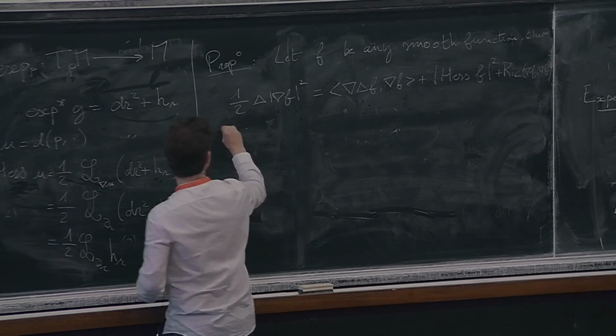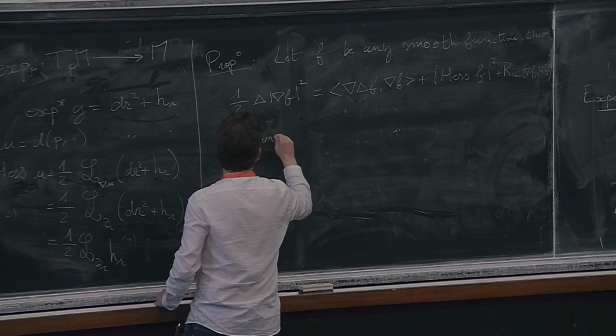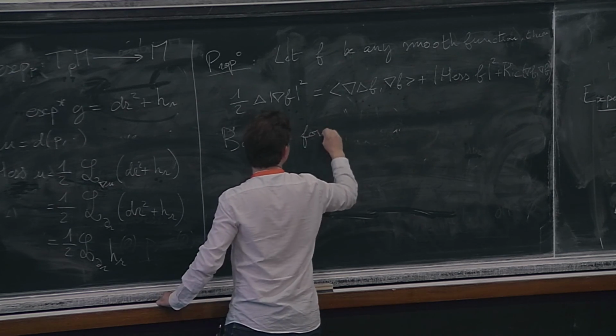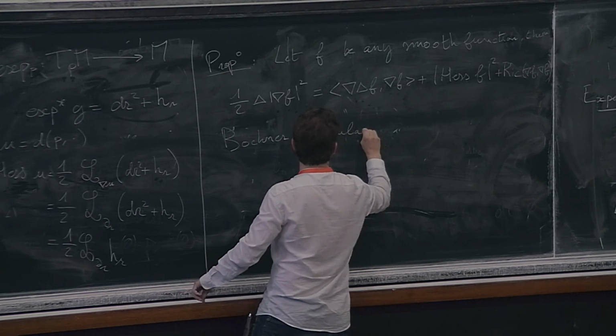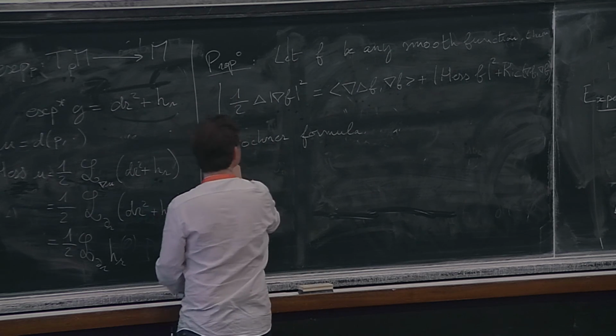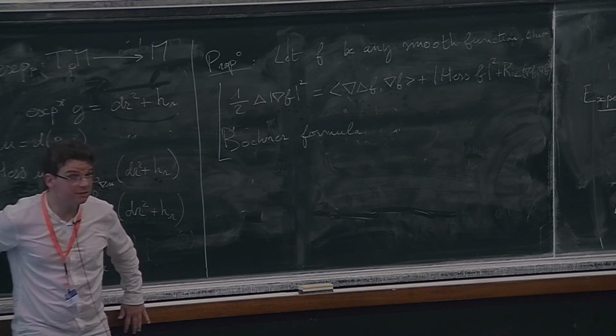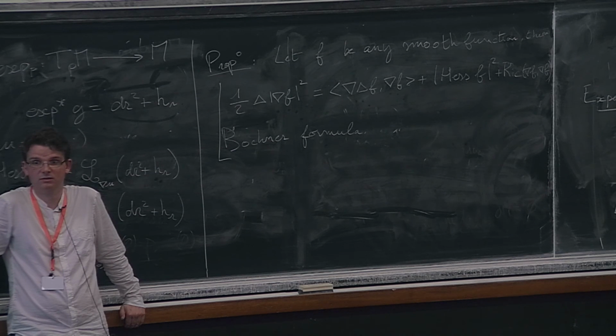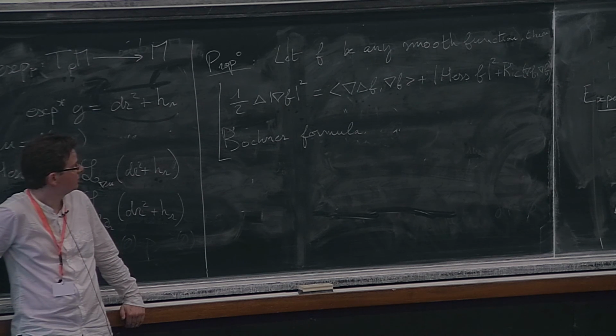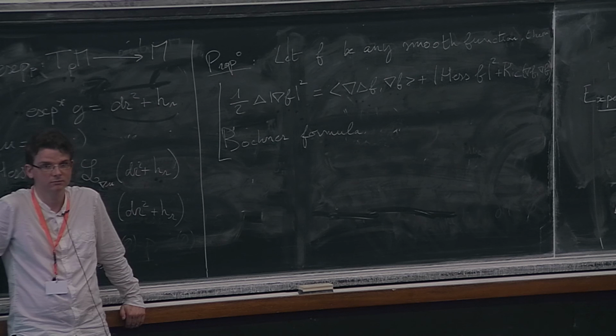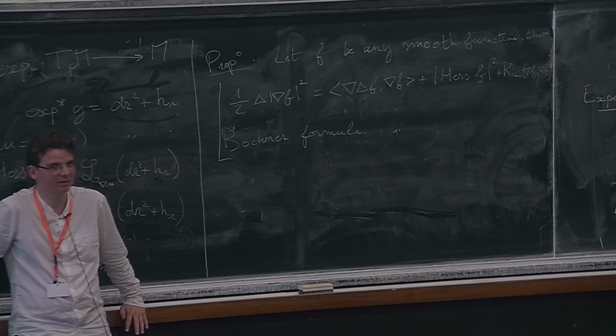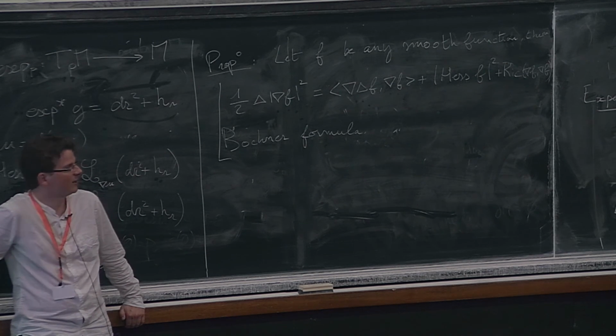So this is called Bochner's formula. And this will actually be the most complicated tensor computation we will use. We need nothing more. Can get a lot of mileage out of that.